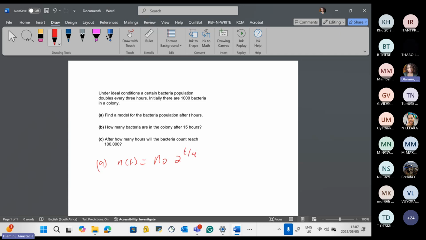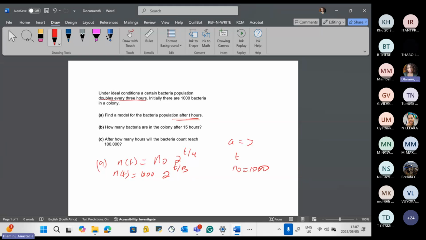Now we know that our doubling time is a. In this case, it doubles every 3 hours, so our a is equal to 3. They want us to find the population after t hours, so we don't substitute there. Now the initial bacteria, which is N0, is equal to 1,000. So N of t equals 1,000 times 2 to the power of t over 3. Are we all together? Yes, ma'am.